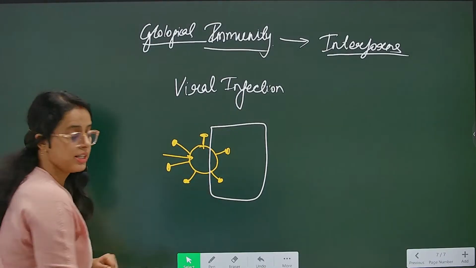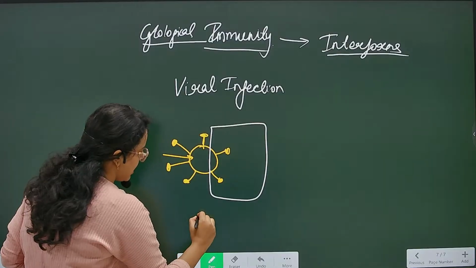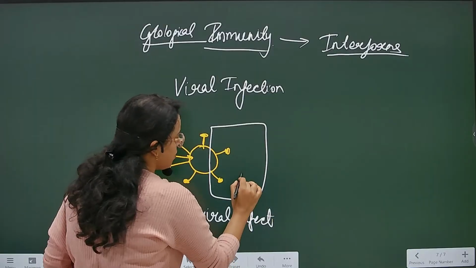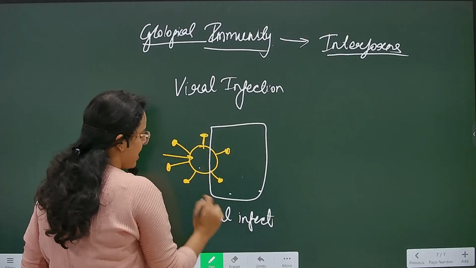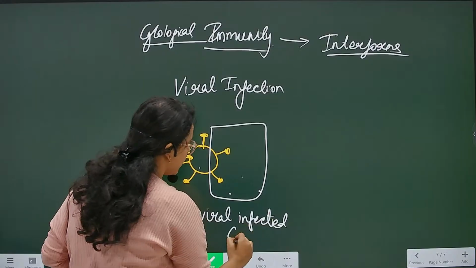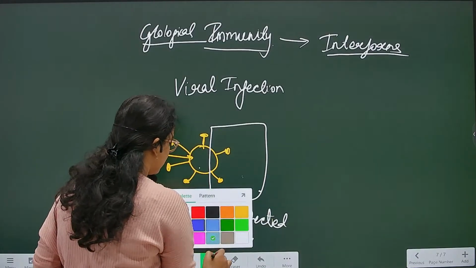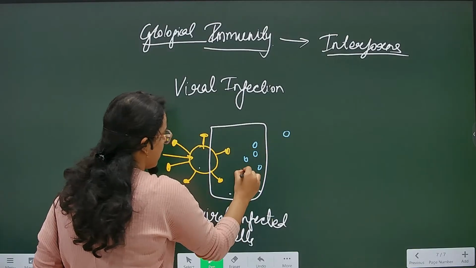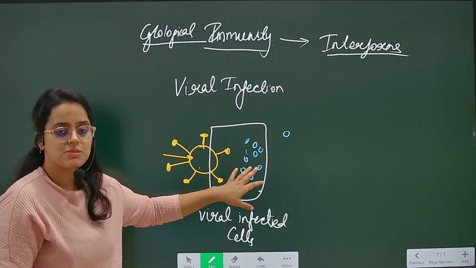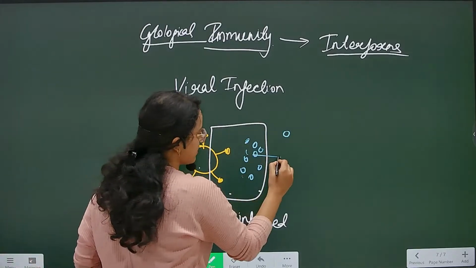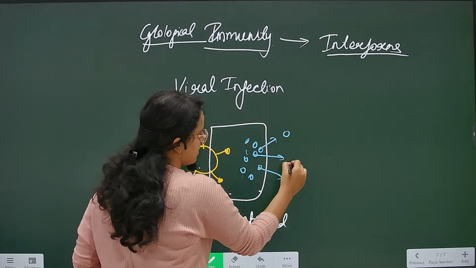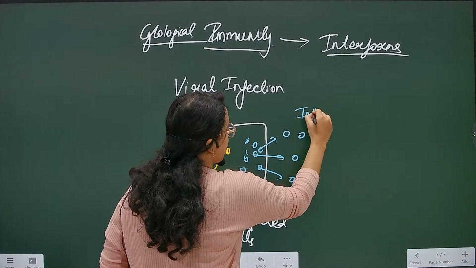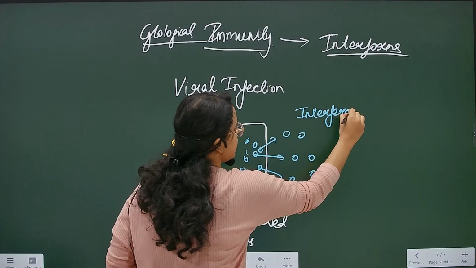So this normal cell is now a viral infected cell. This is a human, our body cell, and this is a viral cell. So viral infected cells secrete certain secretions. They form certain components. Whenever the virus is attacking the mechanism of the normal cells, they secrete certain substances. These substances are called interferons.